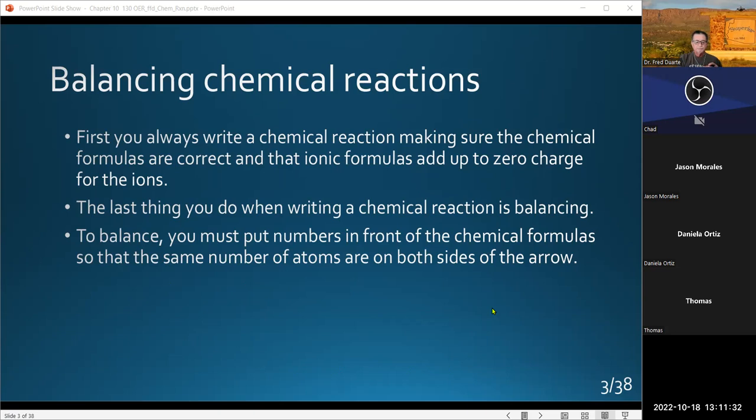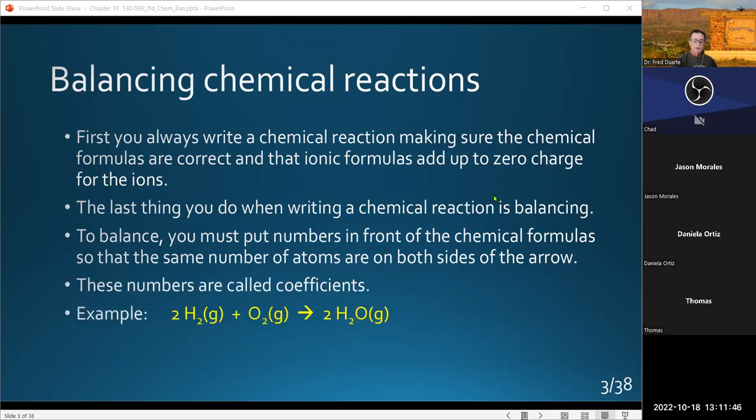Then we start adding coefficients to make sure that atoms get balanced on the reactant side and the product side. And that is our balancing.